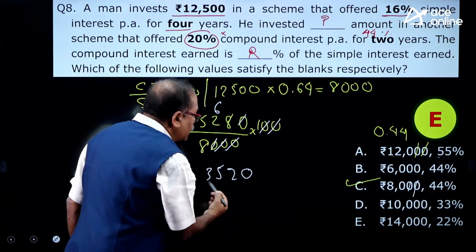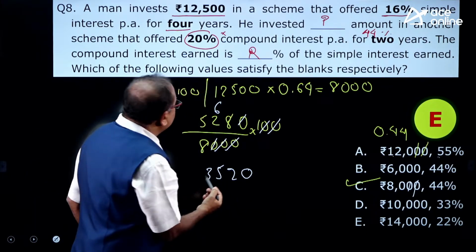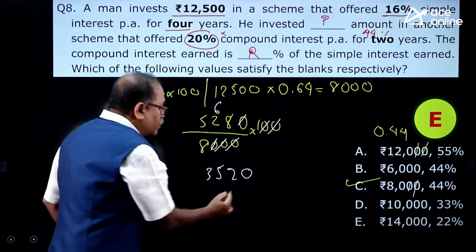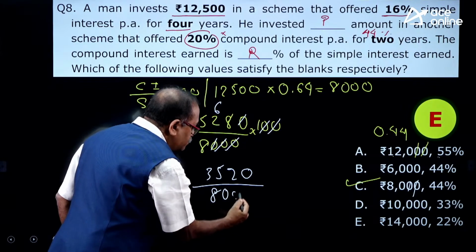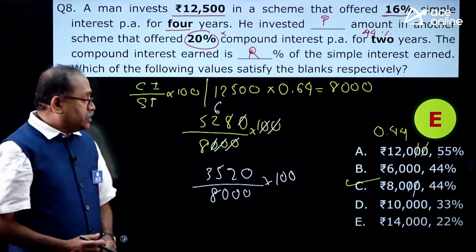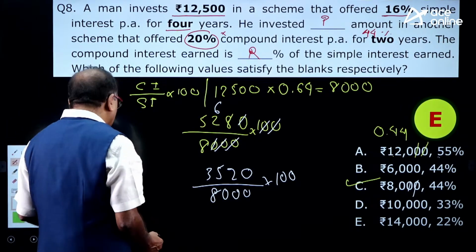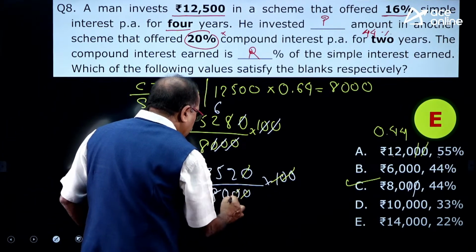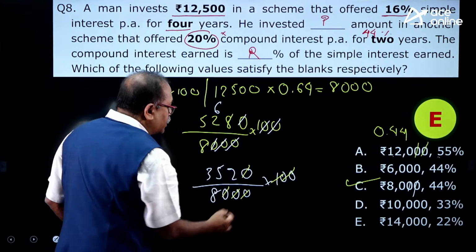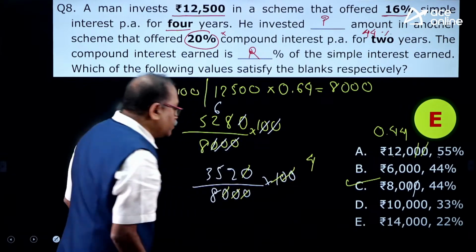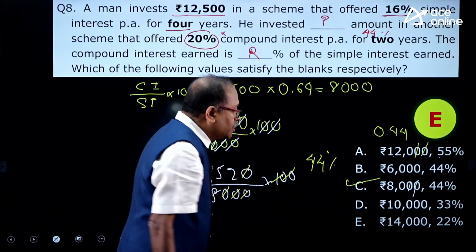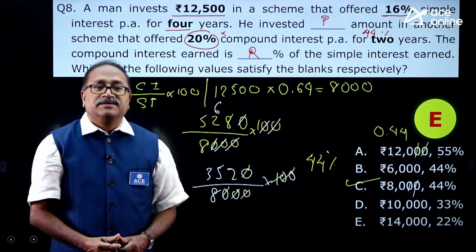So if I take 44% of 8,000, it should be equal to this one, or this by 8,000 into 100 should be equal to 44. So let's check whether I will get the same thing or not. So 1, 2, 3 gets cancelled over here, and with 8, 44 times 8 4 is 32. 8 4 is 32, carry 3, and again 8 4 is 32, 44%. So option C satisfies it.